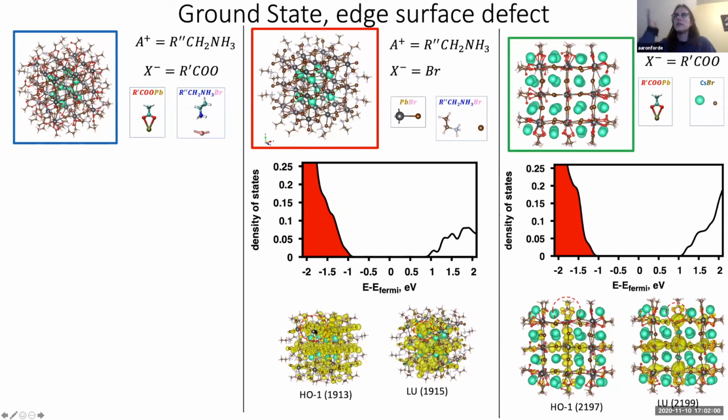So it's like one of the edges of the box. And we see essentially the same thing, that even with the defect, the charges are fairly delocalized throughout the inorganic cores. And there's no real change in the density of states.